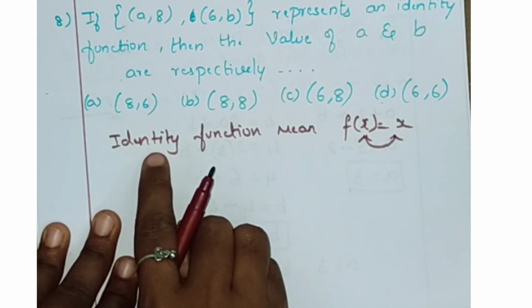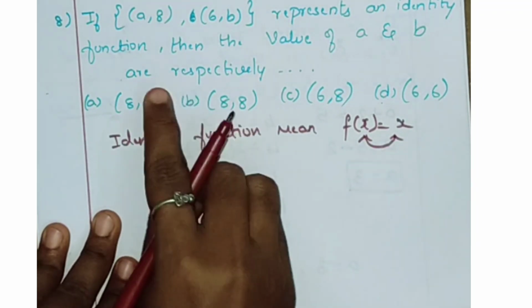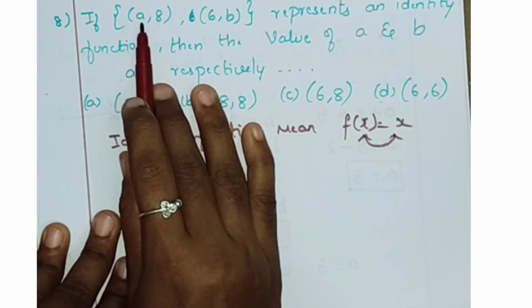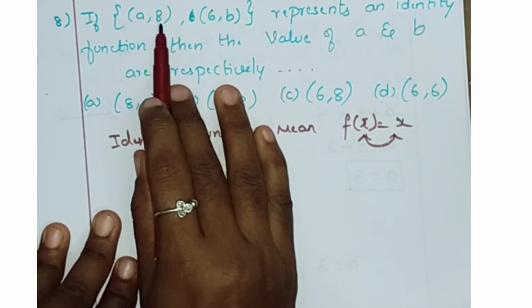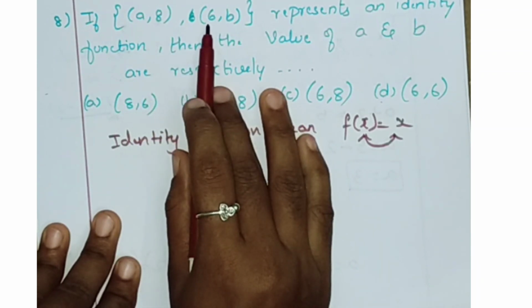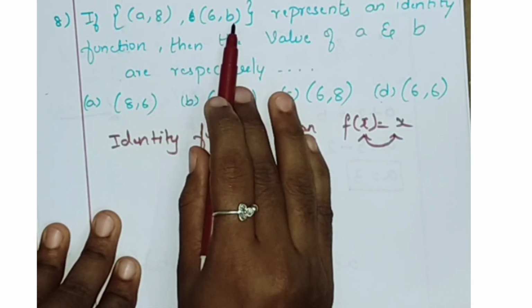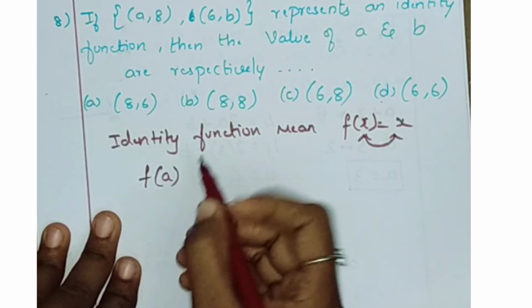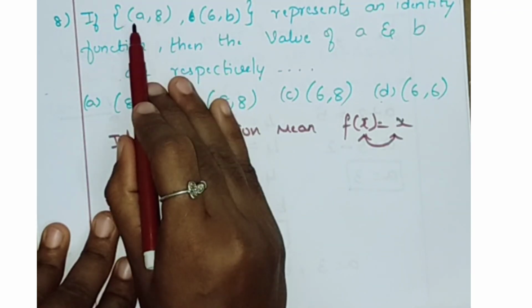That is an identity function. Now, what they have given: f of A is 8 and f of 6 is B. This is your function, the first is x and the second is y.